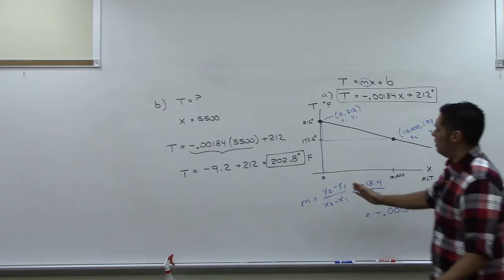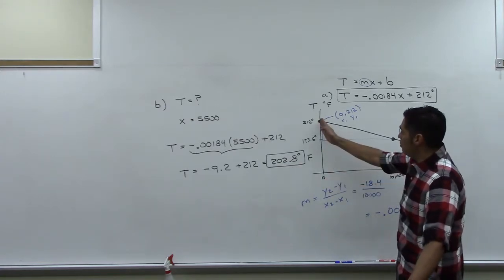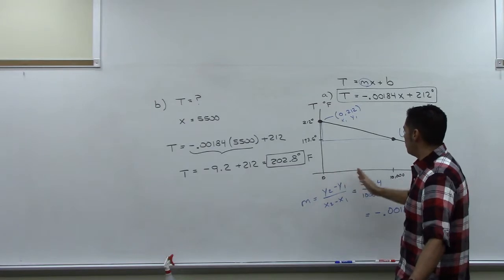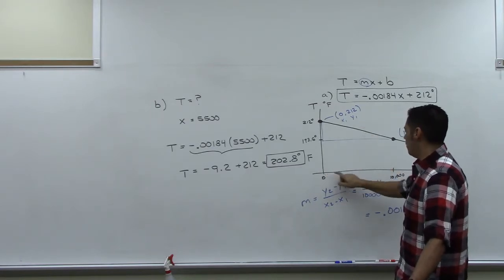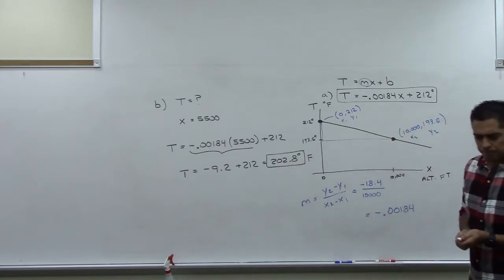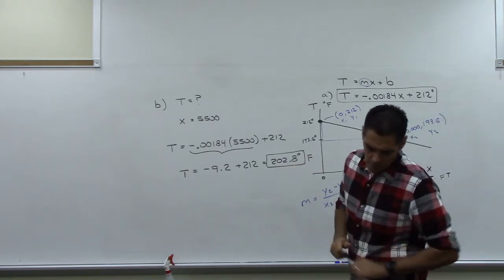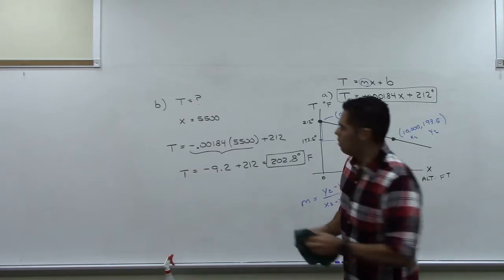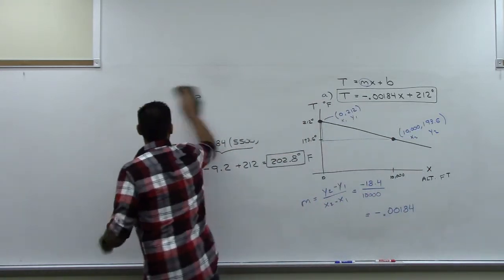So at an altitude of 0, the boiling point is 212. If I go out to a higher altitude, the boiling point should come down. If we go to 5,500 feet, our boiling point happens to be 202.8 degrees. All right, that's number 4. Last one, number 5.